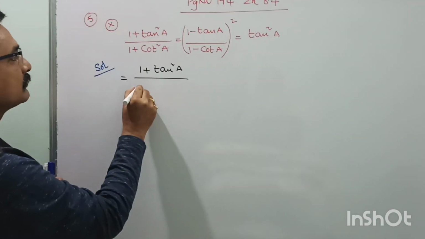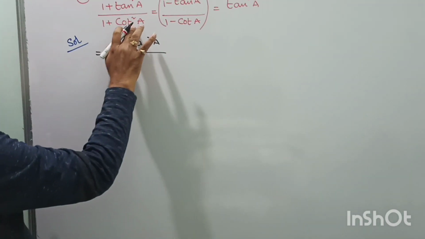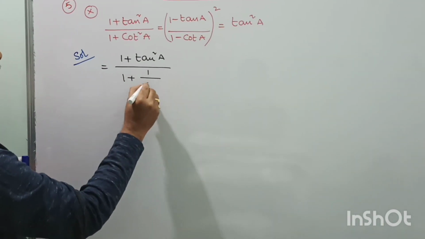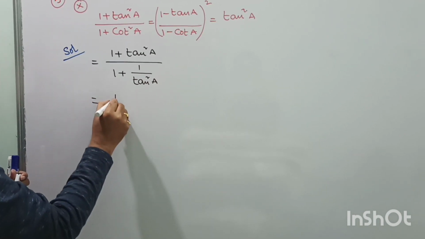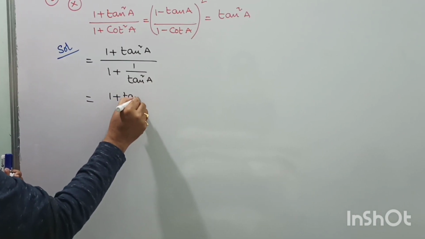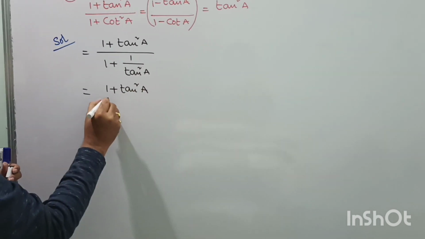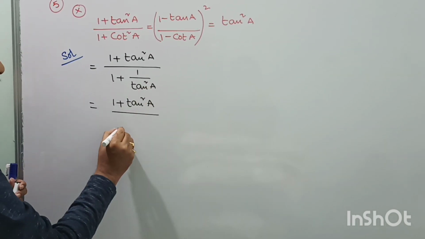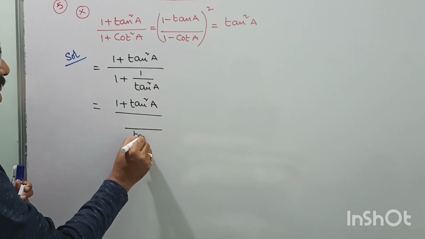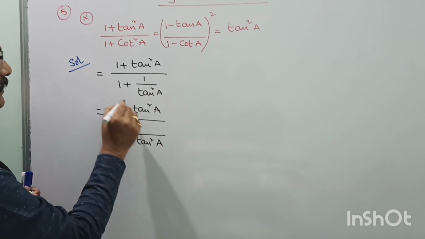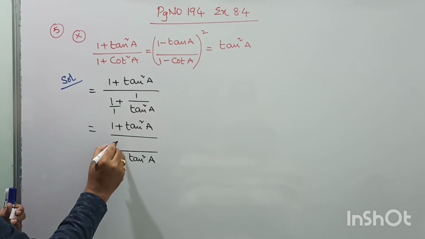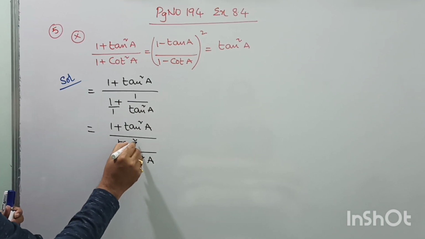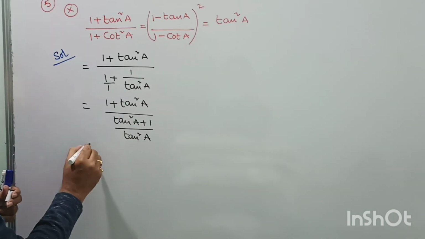by 1 + cot, which is the reciprocal of tan, so I am writing here 1 + tan²A. So 1 + tan²A by, find the LCM of the denominators. We can write here tan²A. Denominator nothing is mentioned, so tan²A comes here, tan²A + 1.